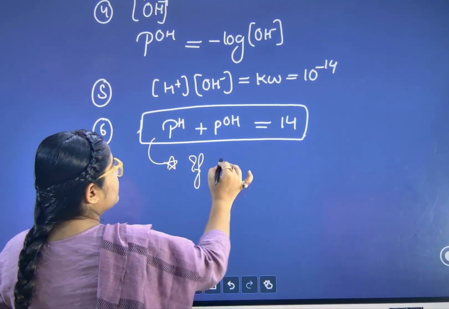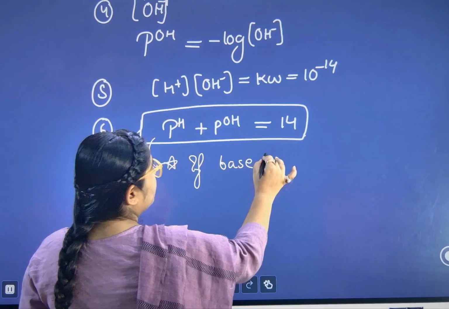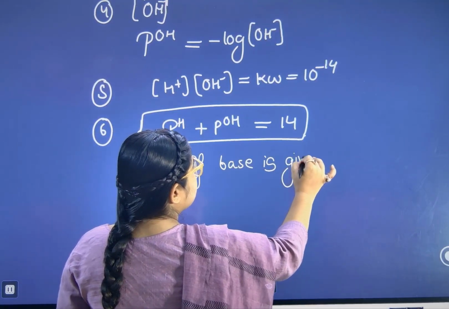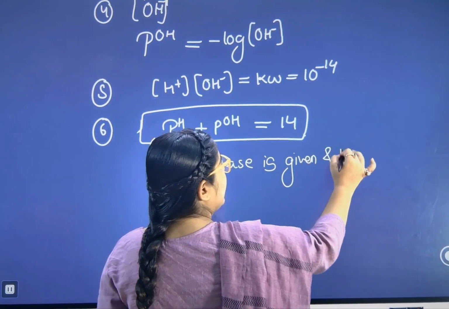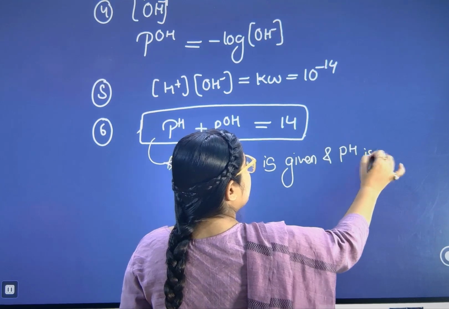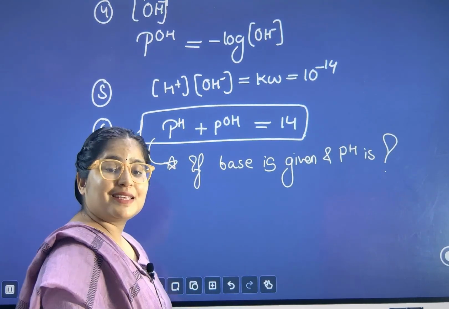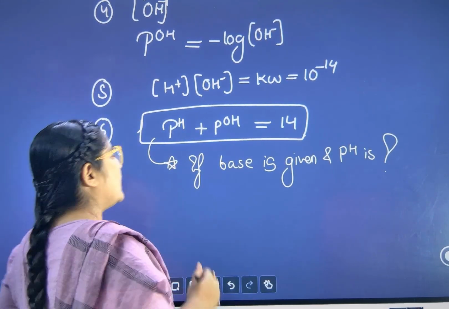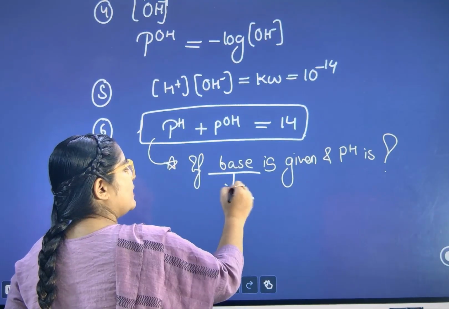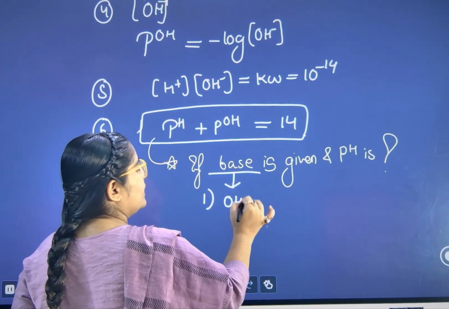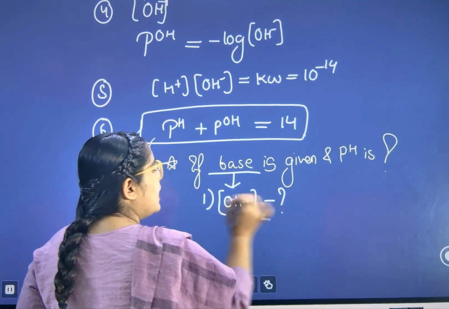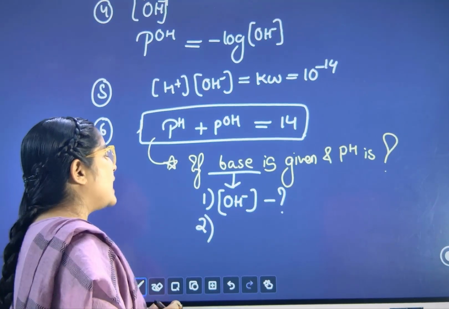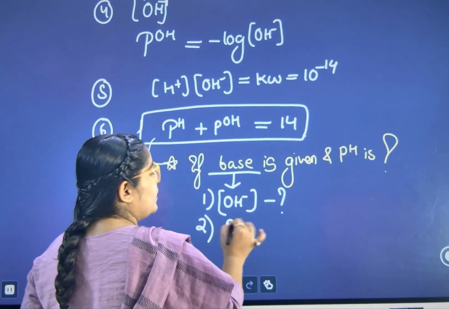When will we use it? If base is given and pH is asked, what will I do? If base is given, first step I will find out OH minus ion. After calculating OH minus ion, I will find out pOH.